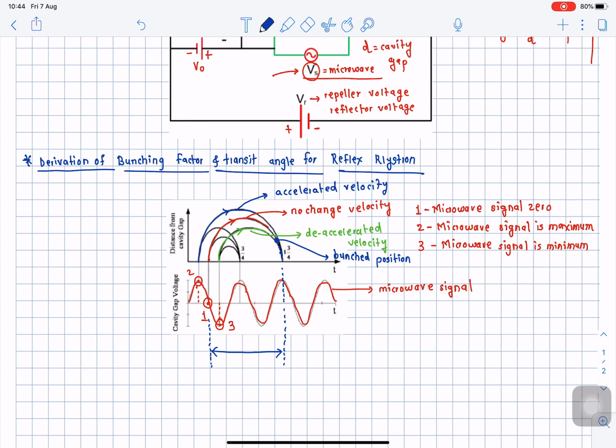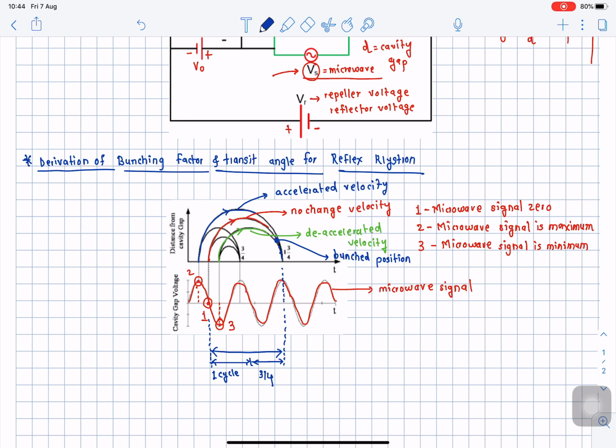If you count the total number of cycles in this particular time period, from the start to this particular point, it is 1 cycle. And from here to here you will get 3/4 cycle.